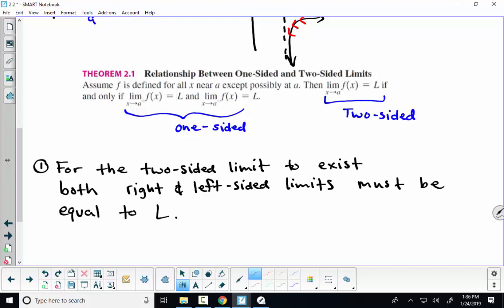And we'll just keep it consistent with text notation. Maybe we'll say for it to exist and equal L. So basically, if we're analyzing the two-sided limits and we see the one-sided limits are identical, then that automatically implies that the two-sided limit has to be that number.